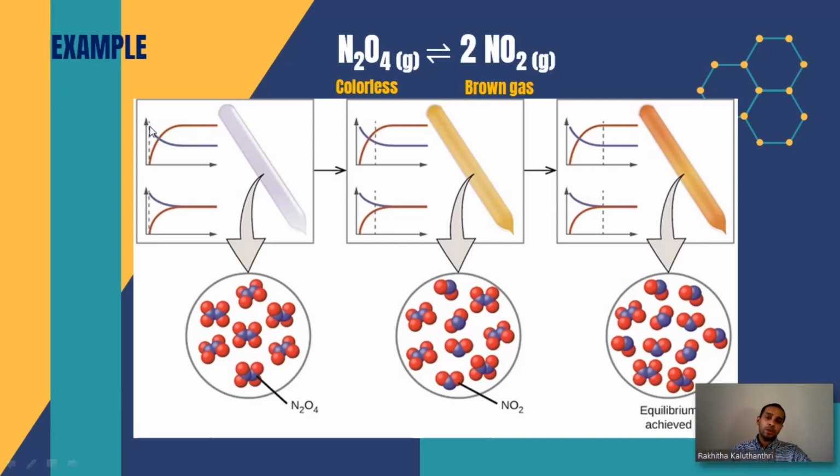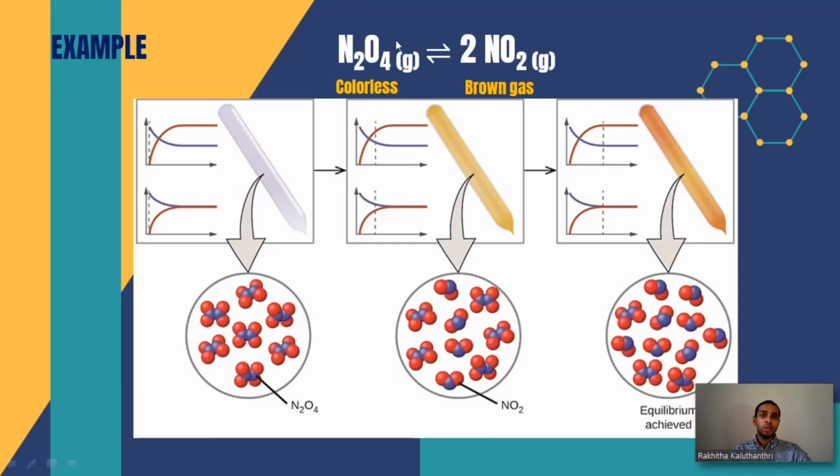When you're starting off, the concentration of N2O4 is high because we are only starting with N2O4. So N2O4 will break down and produce NO2. As and when you start producing NO2, the concentration of NO2 will keep going up. If you can see my cursor, as N2O4 concentration keeps going down, NO2 concentration keeps going up. You can see the concentration of NO2 keeps going up faster than N2O4 concentration keeps going down.